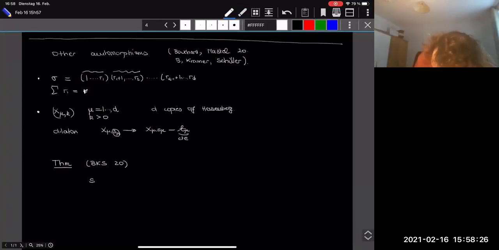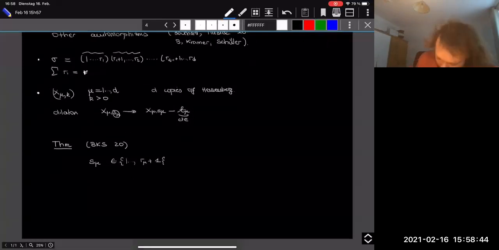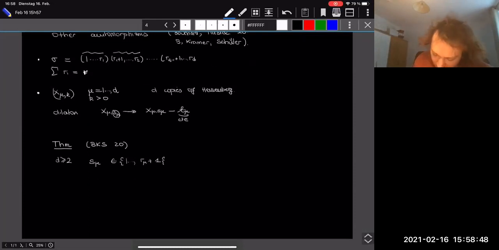So first, for each mu, you want this S mu to be between 1 and R mu plus 1. If you go bigger, it's much less interesting. Some of the partition function is trivial. And so let's assume that D is bigger than 2, because it's the case that we haven't treated, so at least 2 cycles.